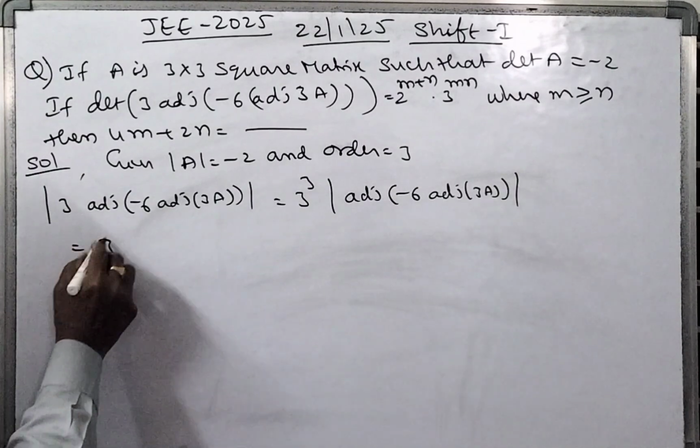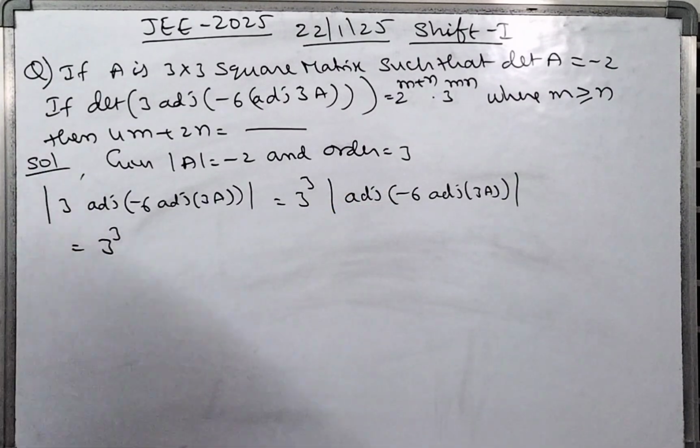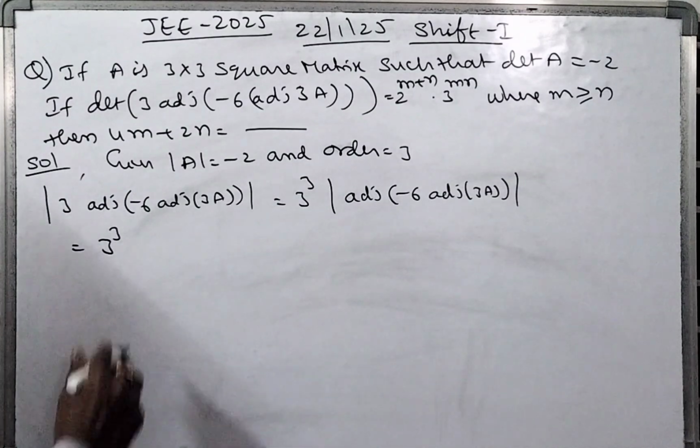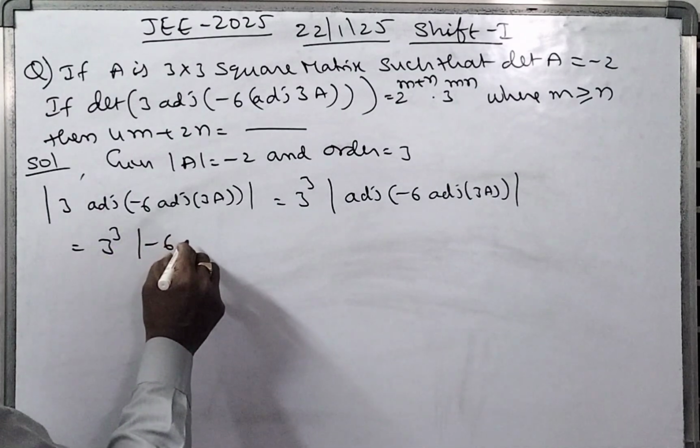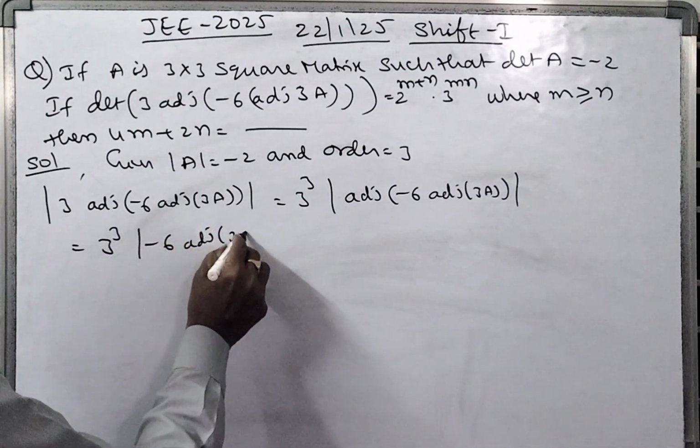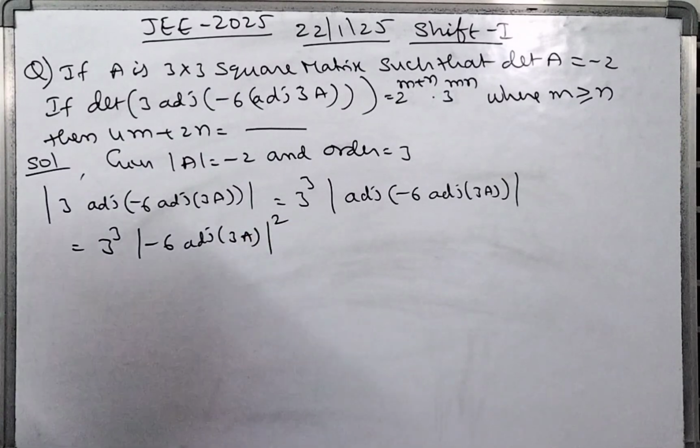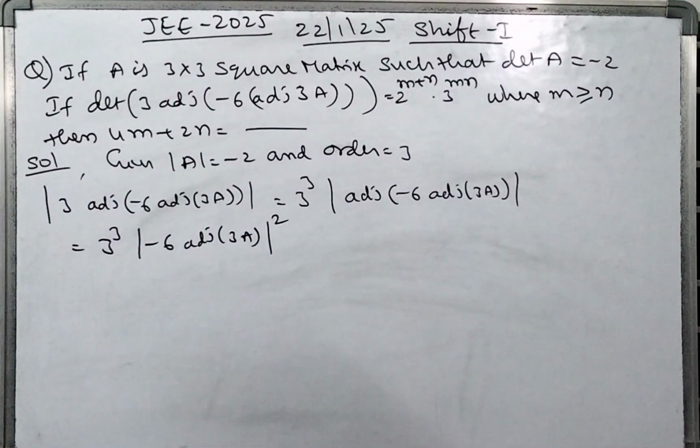Now this is equal to 3 to the power of 3 into the determinant of adjoint A. The determinant of adjoint A is det A whole to the power of n minus 1. So it is the determinant of minus 6 adjoint of 3A whole to the power of n minus 1. N minus 1 is 3 minus 1, that is square.